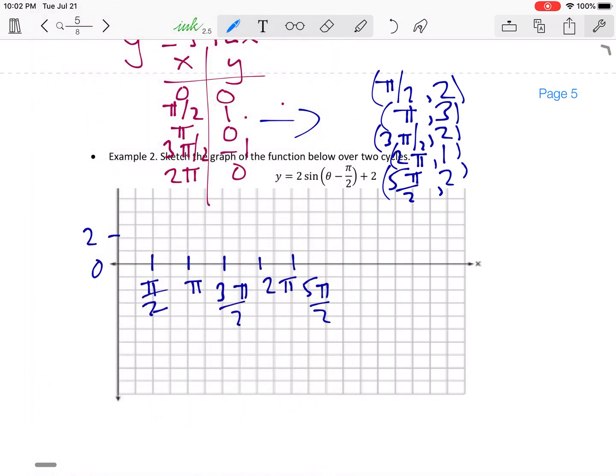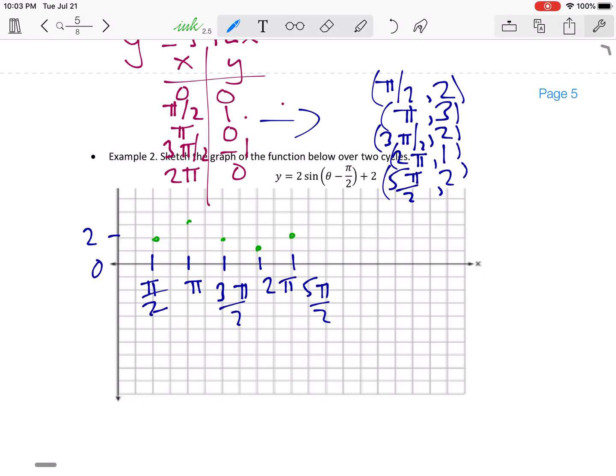Okay, so pi over 2 is going to be 2. Pi is going to be 3. 3 pi over 2 is going to be 2. And then 2 pi is going to be 1. And then 5 pi over 2 is going to be 2.